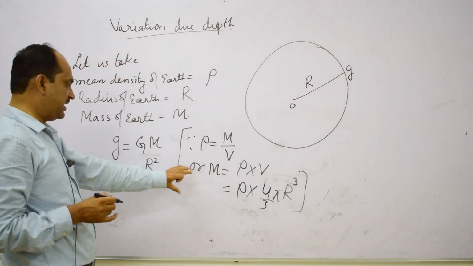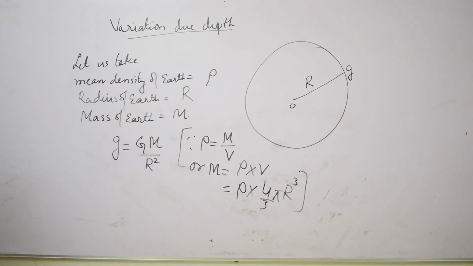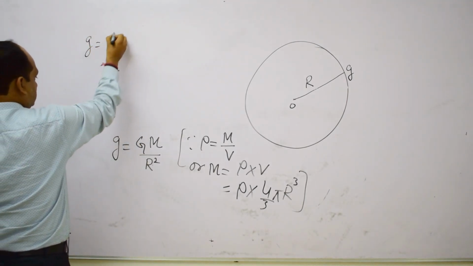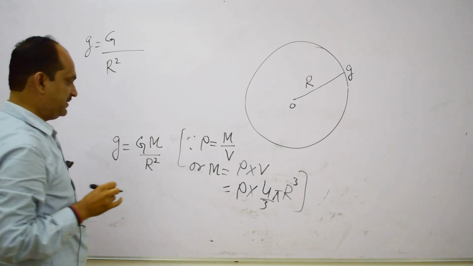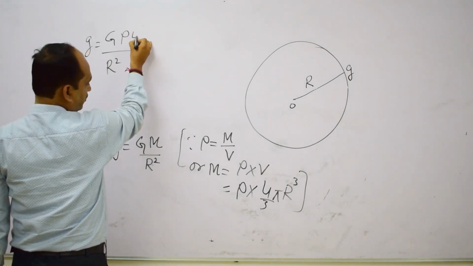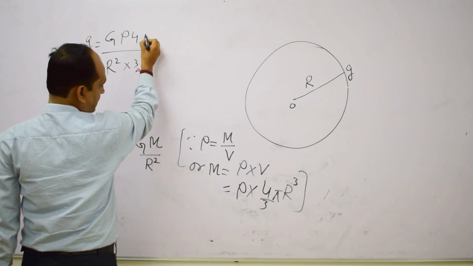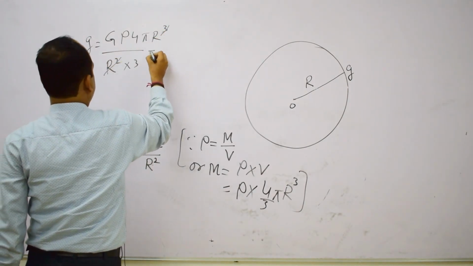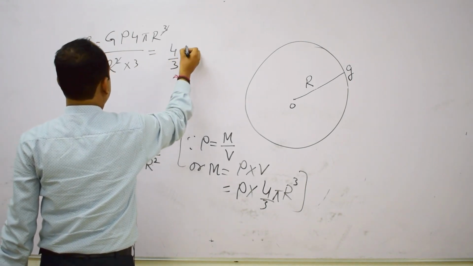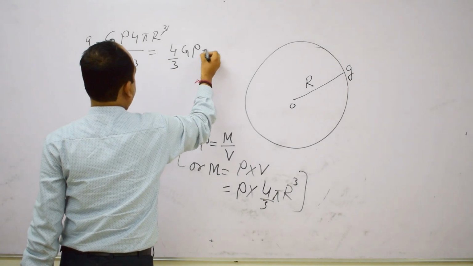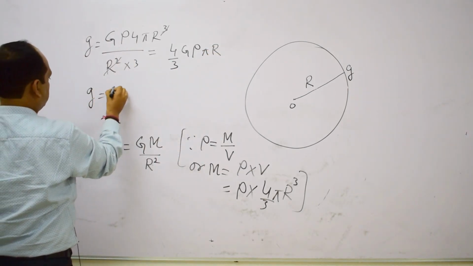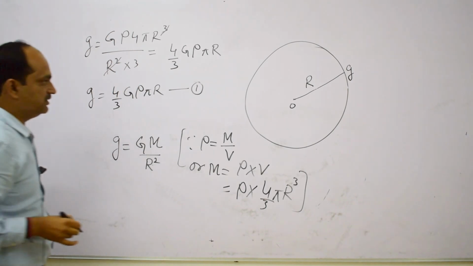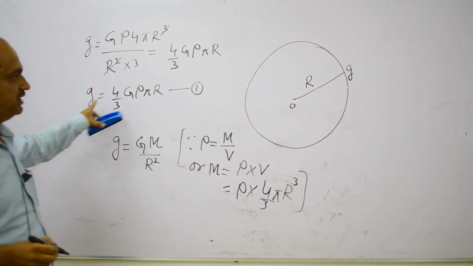If we substitute this value of mass in this equation, g = G/R² times rho 4/3 πR³, so this becomes g = 4/3 G rho πR. This is equation number 1, the value of acceleration due to gravity at the surface of earth.